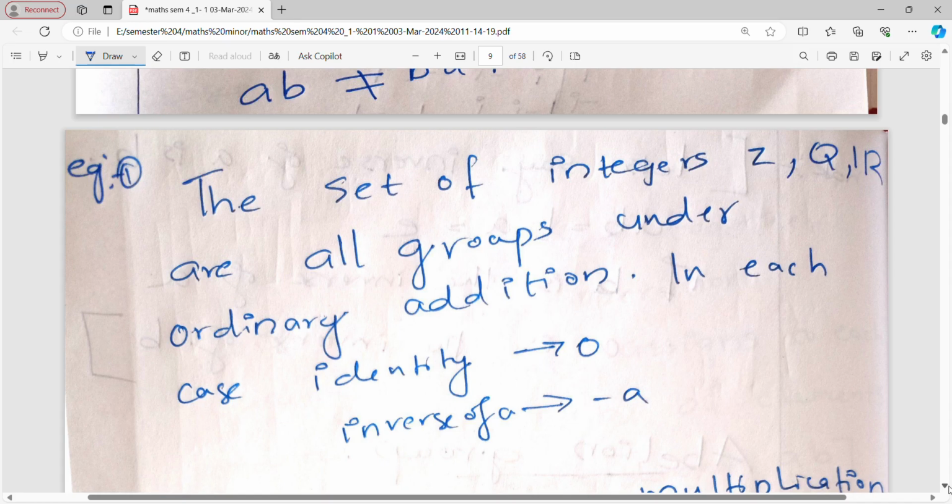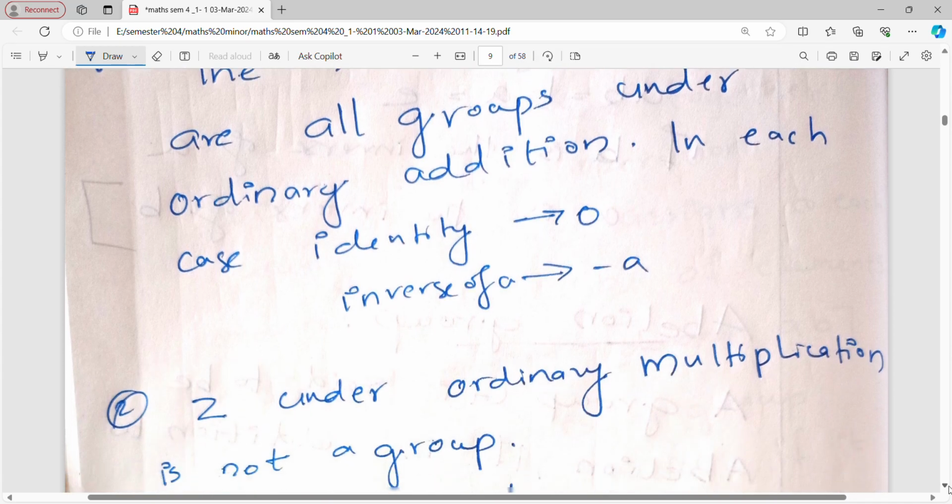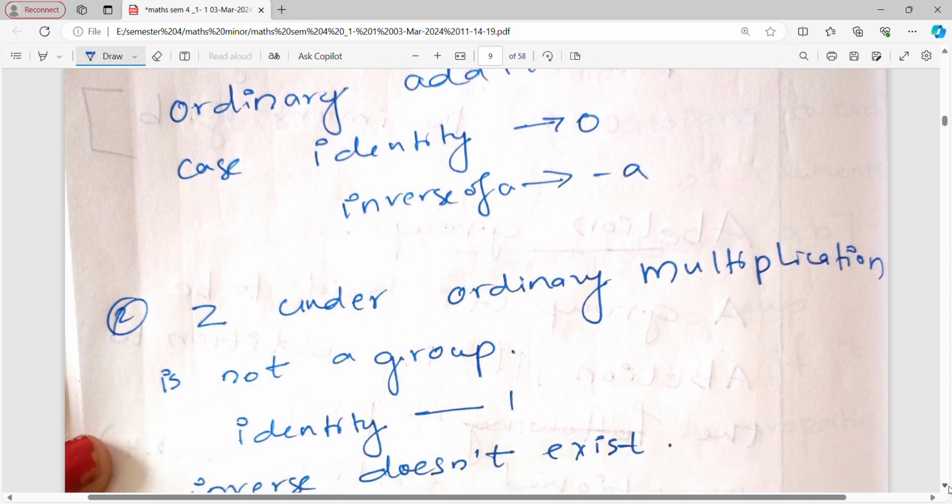Inverse of a particular number, say A, will be minus A. You can check it with all numbers from these 3 sets. We can take 1. 1 plus 0 is equal to 0 plus 1 is equal to 1. Identity is okay for 1, and for -1 also the same applies. I'm not checking with all the numbers because the video will get more lengthy then.